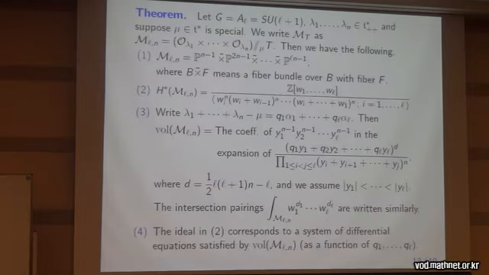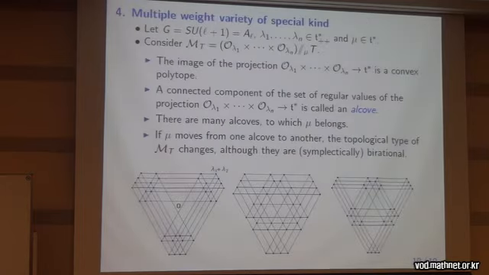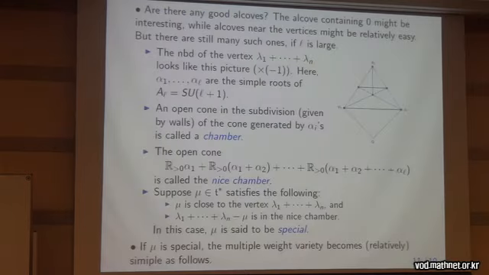But in this picture, the alcove containing 0 here might be interesting, while the alcoves near the vertices here should be easy to treat, or relatively easy.